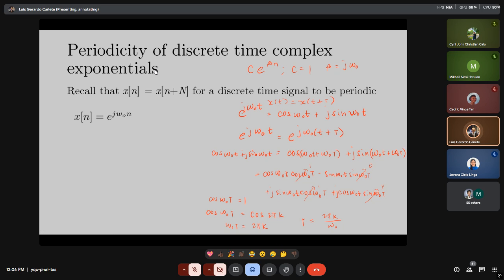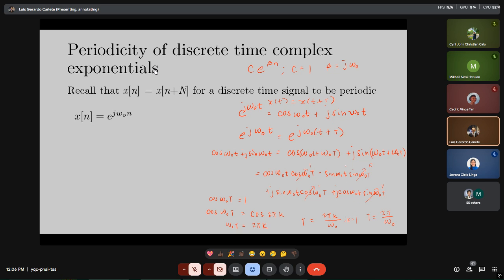Now, the smallest number that you can represent from this is when k is equal to 1, right? So therefore, the period has to be equal to 2 pi over omega o. That's the only way that this equation can be shown to be periodic, right? So tau has to be equal to 2 pi over omega o, and you can show that right here.